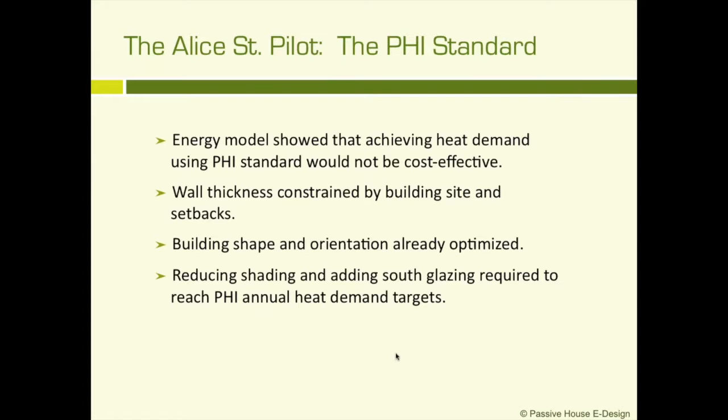So the energy model clearly showed us that achieving the PHI standard would not be cost effective. We were constrained on the building thicknesses, the wall thicknesses, and the building shape and orientation was already optimized, but that shading that we had no control over in the backyard really made it very difficult to achieve.